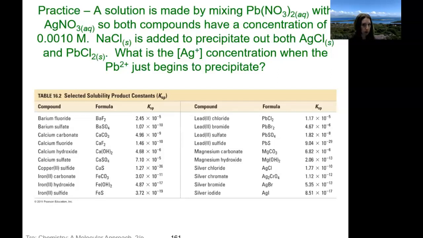So super similar to what we just did, but we have to find our KSPs now because I'm not going to give them to you. So we think, what's our reaction? PbNO3 2 plus Ag. It's actually not our reaction. I'm going to write this smaller so I can put both of these in here.